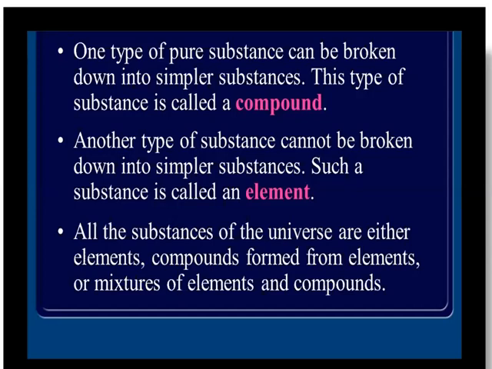The second type of pure substance, which can be broken down into simpler substances only by means of chemical methods, is a compound. All the pure substances, also impure substances of the universe, are either elements, compounds formed from elements, or mixtures of elements and compounds.